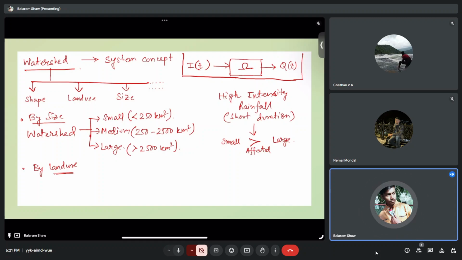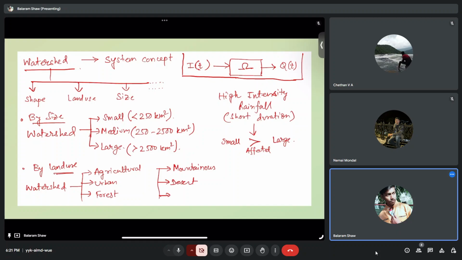Based on that, the watershed can be classified into agricultural watershed, urban watershed, forest catchment, mountainous catchment, desert catchment, coastal watershed, wetlands, and mixed type can also be there.